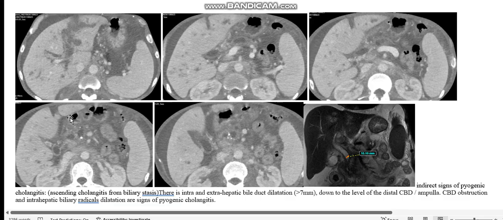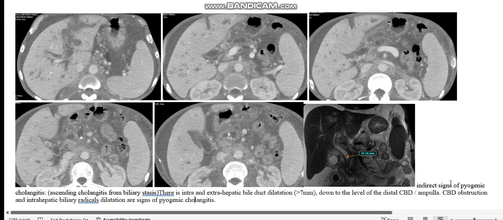In this case, the reason for the hepatic abscesses is the biliary obstruction and biliary stasis that leads to ascending cholangitis.